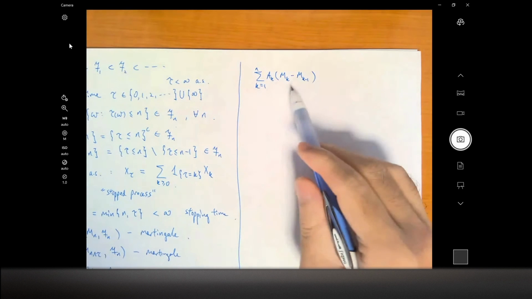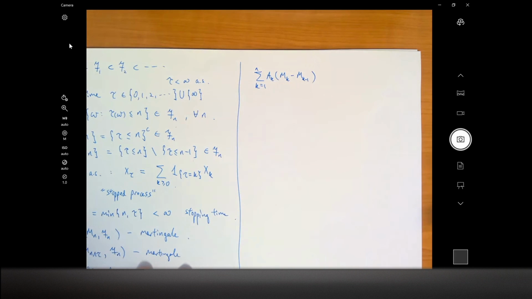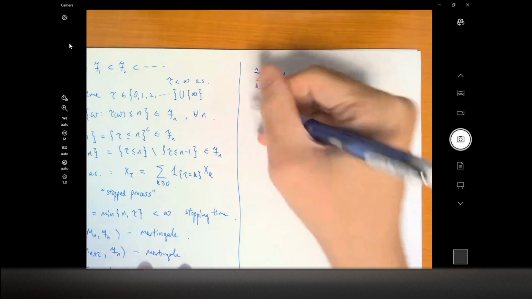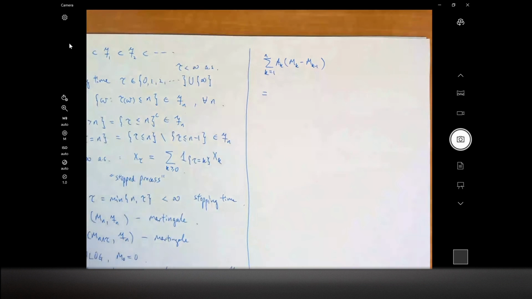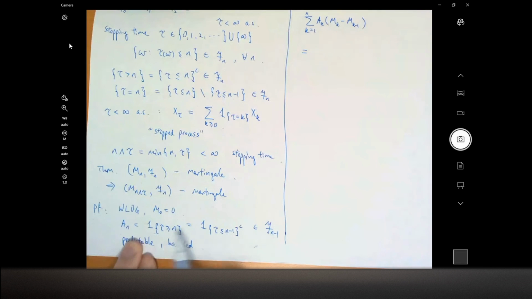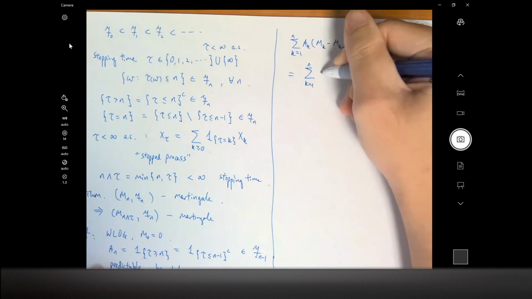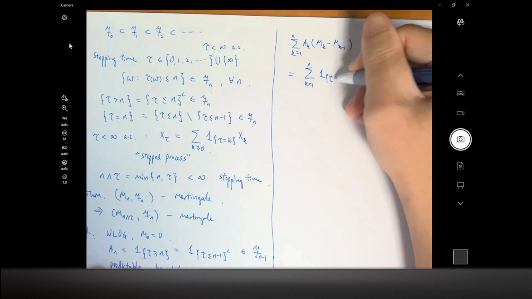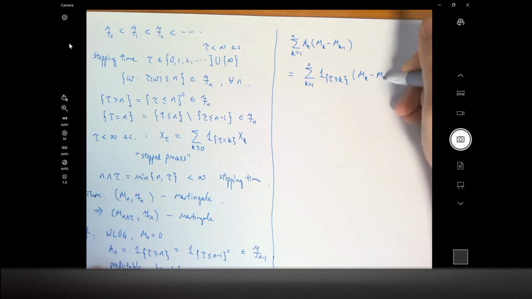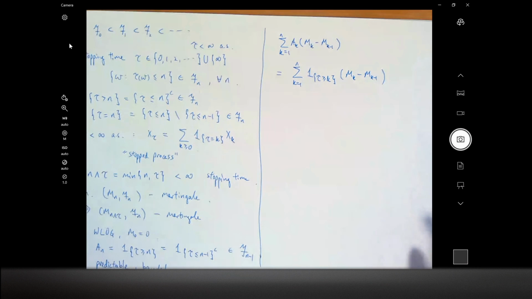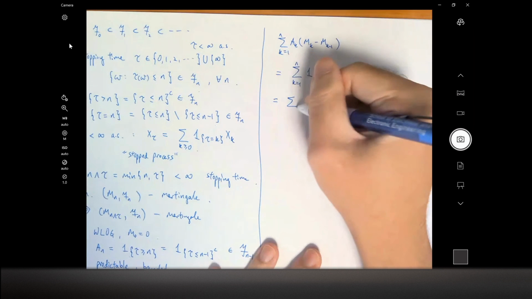Your martingale transform theorem tells you that this is by definition a martingale. So let's expand this out and see what happens. Ak is defined to be this guy over here, so we can just plug in the indicator, the indicator that tau is bigger than or equal to k. Then we can split this out into two sums.